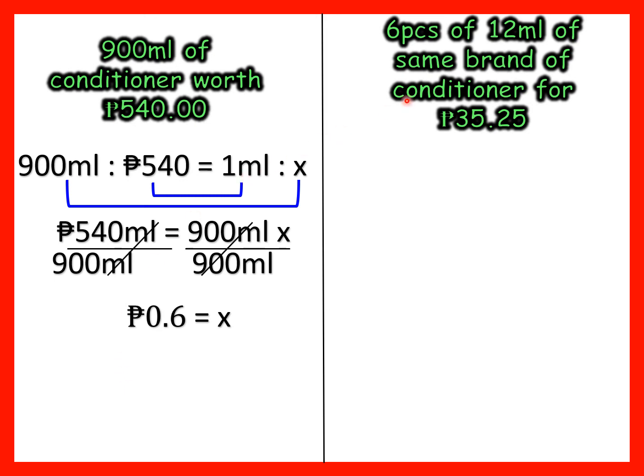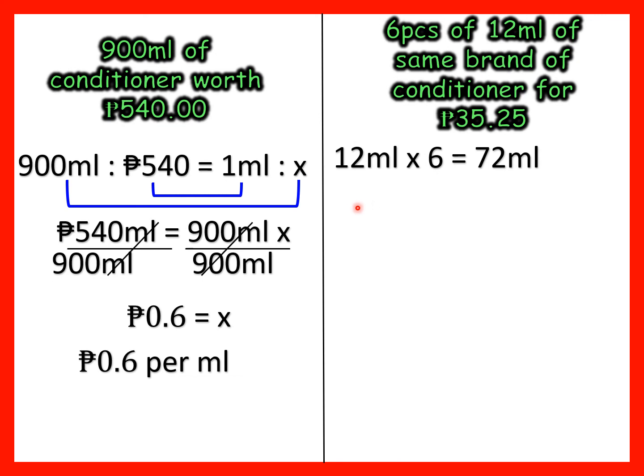Next, on the other side, that's 6 pieces of 12 ml of same brand of conditioner for 35 pesos and 25 centavos. So let us now write a proportion with this relationship. We need to multiply 12 ml first by 6 since there are 6 pieces, and the total is 72 ml, and the cost is 35 pesos and 25 centavos. So for 72 ml, that's 35 pesos and 25 centavos.